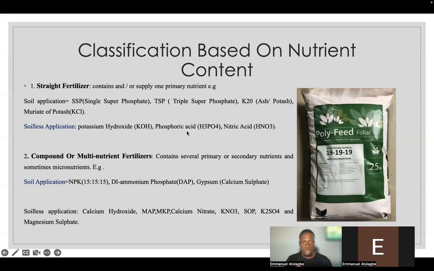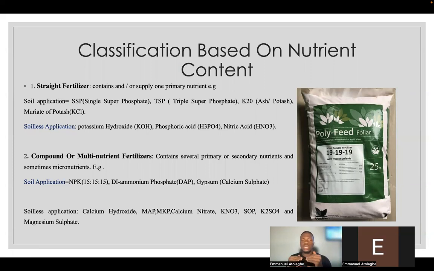Now, most of the time in soilless application, we do make use of phosphoric acid as a step-down component. That is, when you have a buildup of salts in your substrates, phosphoric acid is added to step it down.